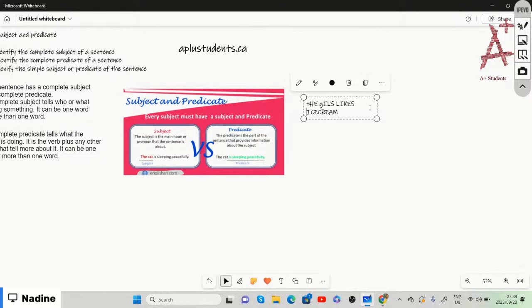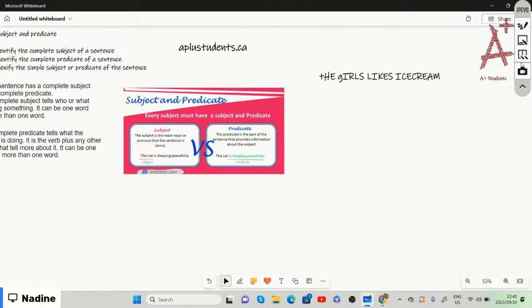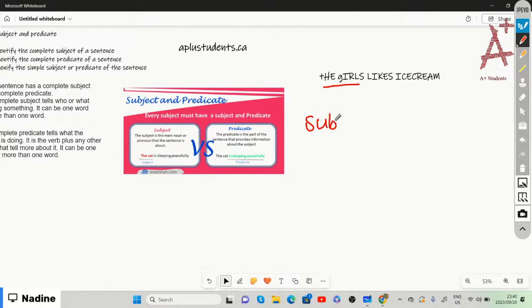If we look at this sentence, the girl likes ice cream, can we identify the subject within the sentence? The subject is the girl.